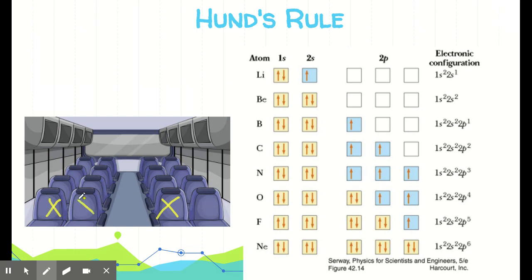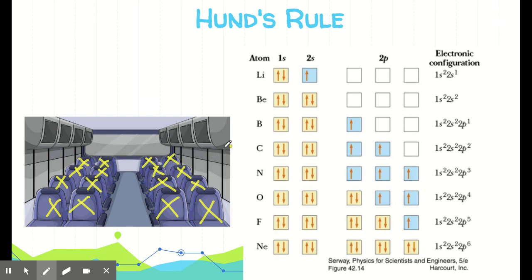Well, now they'll come in and sit next to somebody because there's no other options. Now the next group would go here. This guy would sit here. If somebody else gets on the bus, they're not going to sit right next to somebody else they don't know, so he's going to come and sit on the other side. And then you would fill it in as you go, and it would work that way as you work your way back. So you're never going to put 2 arrows next to each other unless everything else is already full.